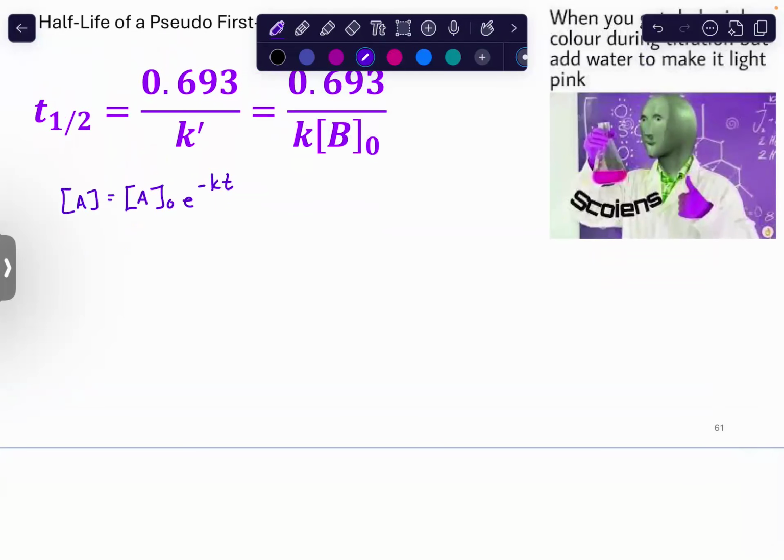So what do we have at t1/2? Well, we're going to have 1/2 A0 equals A0 e to the minus k't1/2. There we go. Or k prime, because remember, we have that B0 subsumed into the k value.